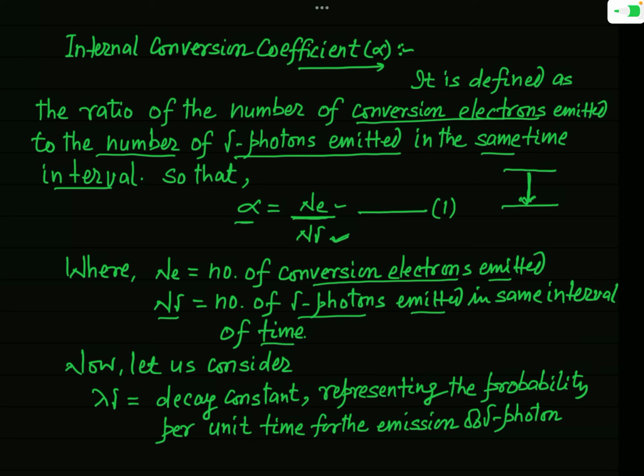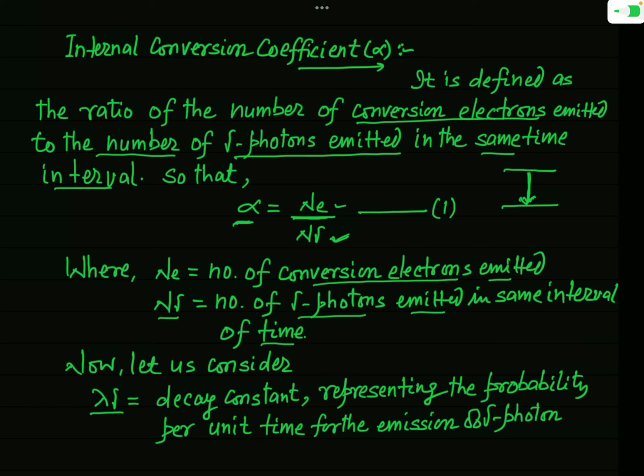Now, this alpha is related to the decay constant for the decay of gamma and the decay of the electron. So we can also define this alpha in terms of the decay constant. Let us see how.